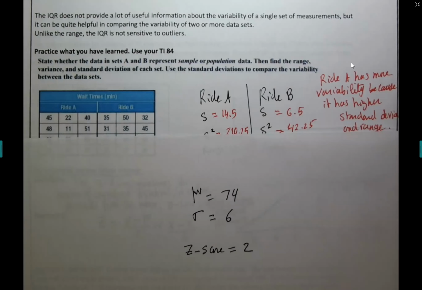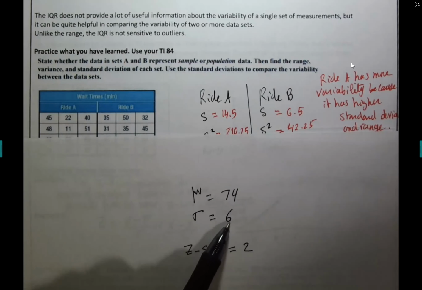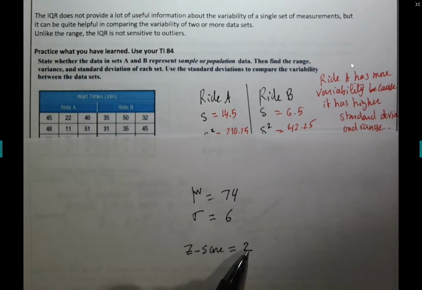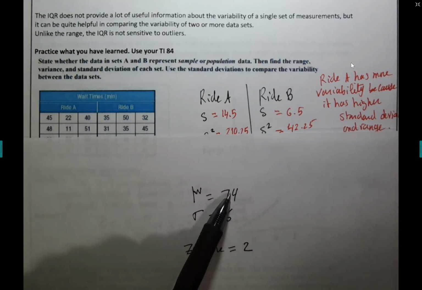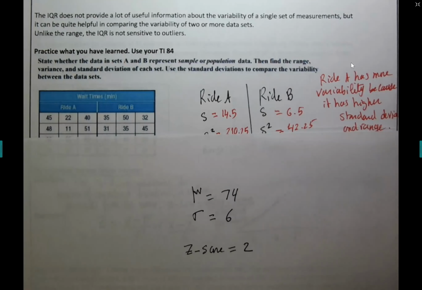The 2 means that the student scored 2 standard deviations above the mean. So you just do 6 times 2, which is 12, and add it to the mean, 74. So 74 plus 12 will be 86. And that was the student's score on the test.